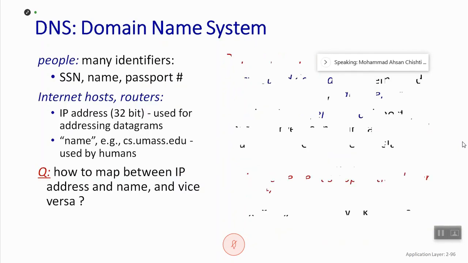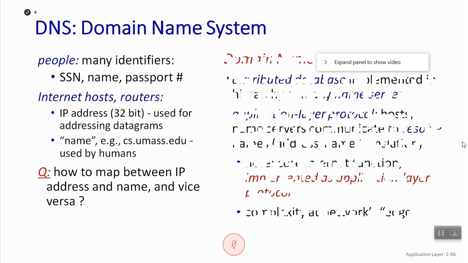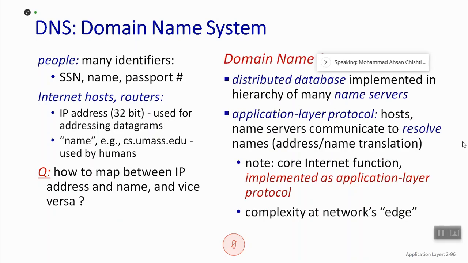Now, as an example, if I tell you to go to this website, type in 192.168.17.55. Then I tell you, okay, go to the NIT website, type in 172.64.56, and so on. Every time if I give you an IP address, it would be very difficult for you to remember. As a human being, you would prefer something which is easier to remember.